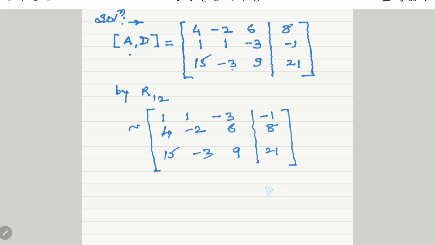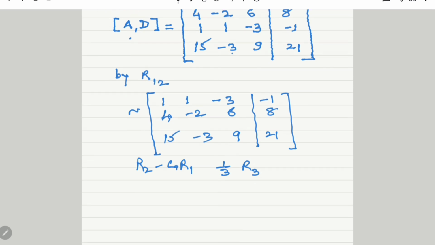For better understanding of the problem, please watch the video up to the end. Using that 1, we convert that 4 to 0, and the third row elements are multiples of 3, so multiply that row by 1 by 3. First row no change, 1, 1, minus 3 and minus 1.